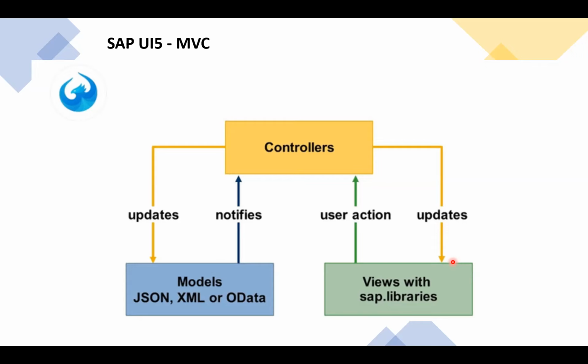Open UI5 has its own libraries and components available, and whoever is interested can go straight to Open UI5, take help, and start building Open UI5 applications. But SAP UI5 is the deployment platform, or the major difference between SAP UI5 and Open UI5 applications.